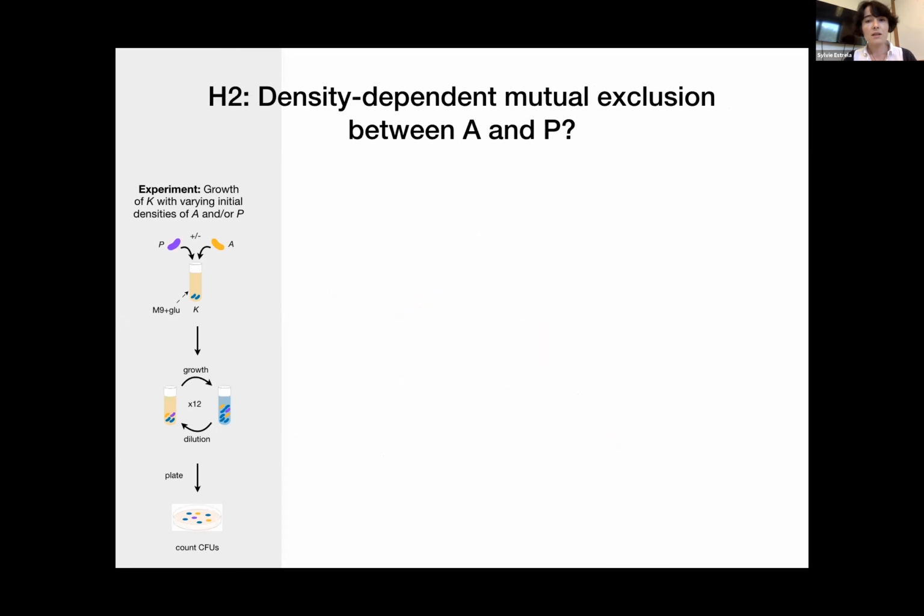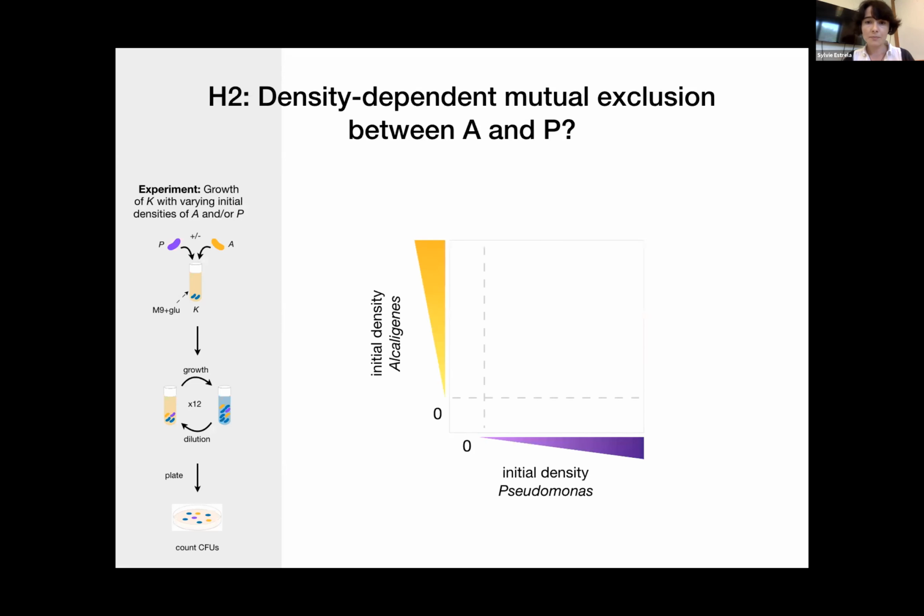To test this second hypothesis, I isolated the three dominant strains, K, A, and P, and then I grew K with varying initial densities of A and/or P, in duos or in trios. And then I grew them for 12 transfers under the same conditions as the top-down community assembly experiment.